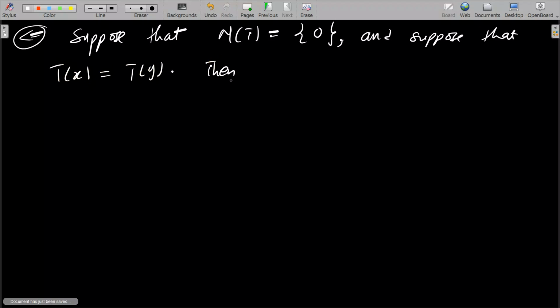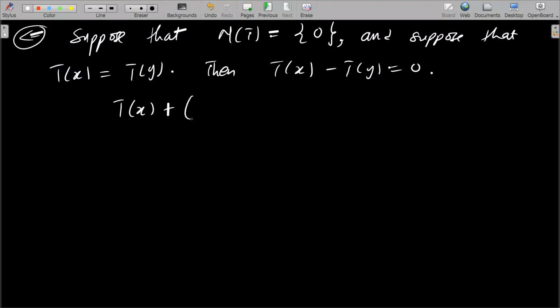Then you can do this. We know that T of x minus T of y is equal to 0, the 0 vector. T is linear, so we have T of x plus T of negative y, with the negative 1 in front of it, equal to 0. And since T is linear, T of x plus T of negative y can be written as T of x minus y.